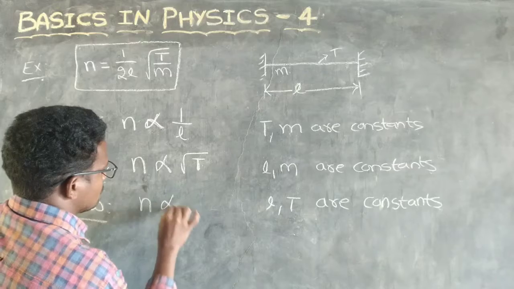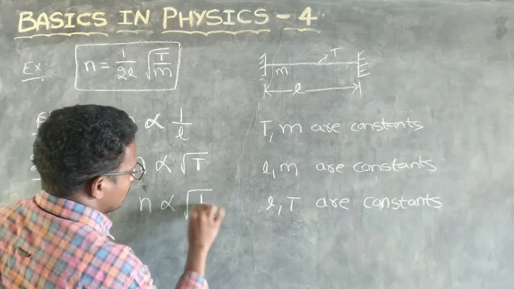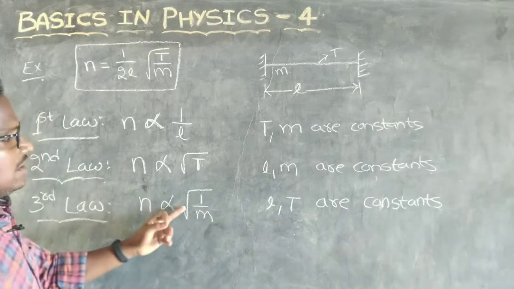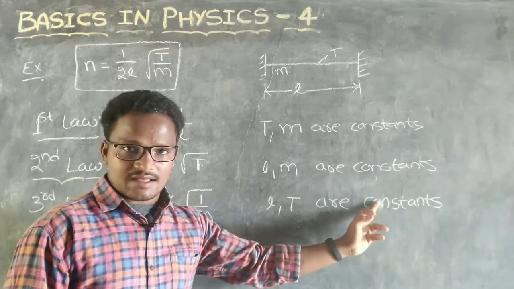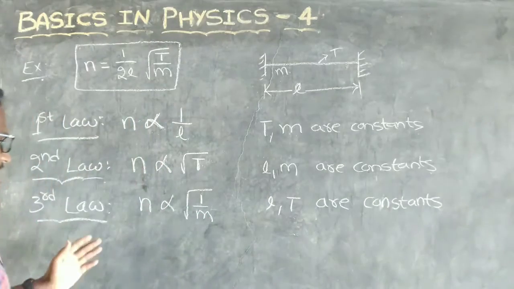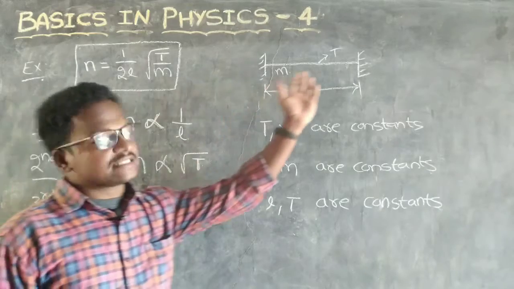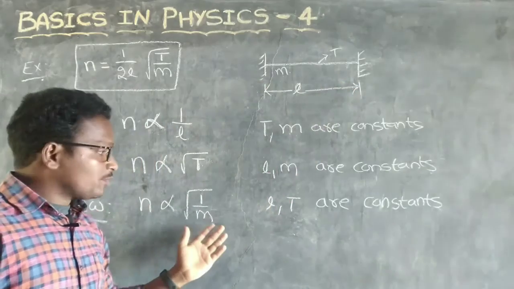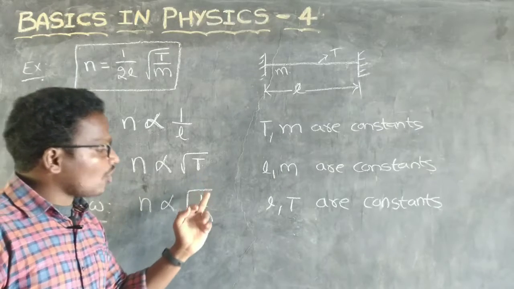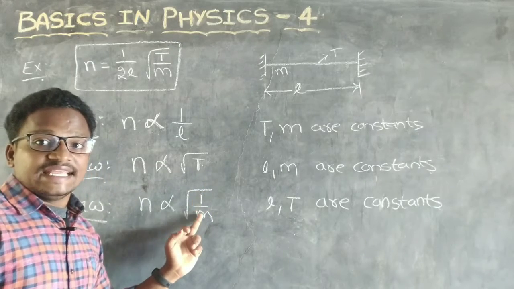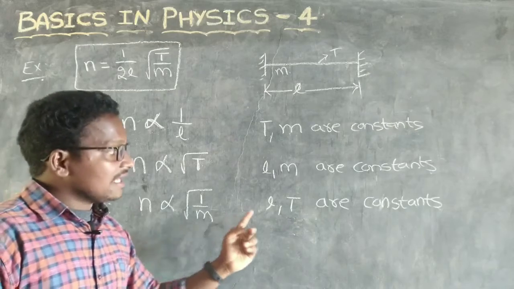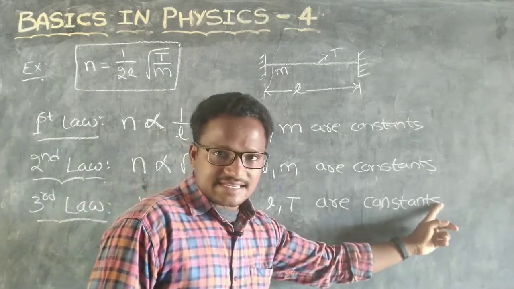N is proportional to under root 1 by M. Here L and T are constant. See the definition: the fundamental frequency of a stretched string is inversely proportional to the square root of its linear density when L and T are constant.